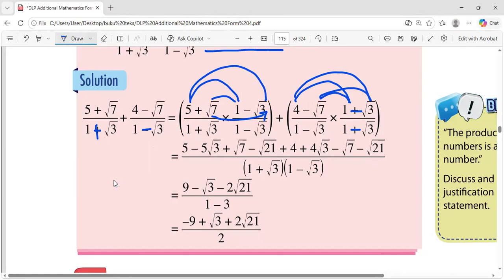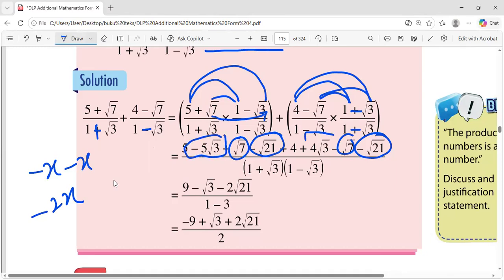So negative surd 21 minus surd 21, I get negative 2 surd 21. It's similar to minus, I get negative 2x. So I check the surd 7. Surd 7 has 2, but plus minus becomes 0. And then surd 3, I have 2 here. Negative 5 plus 4, I get negative 1 surd 3.